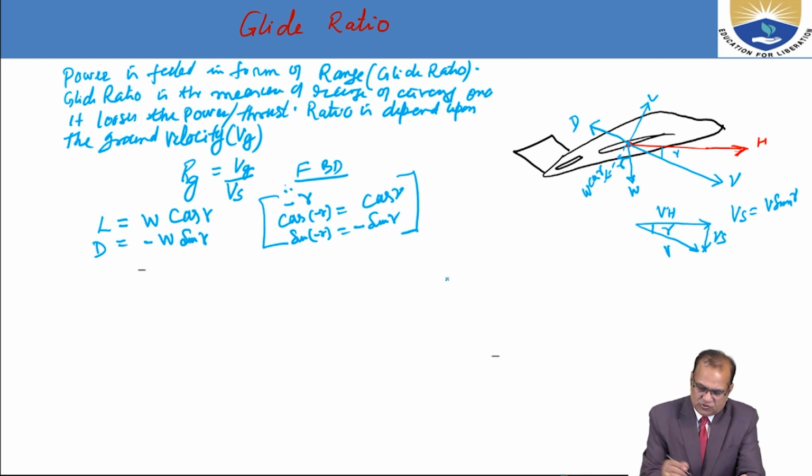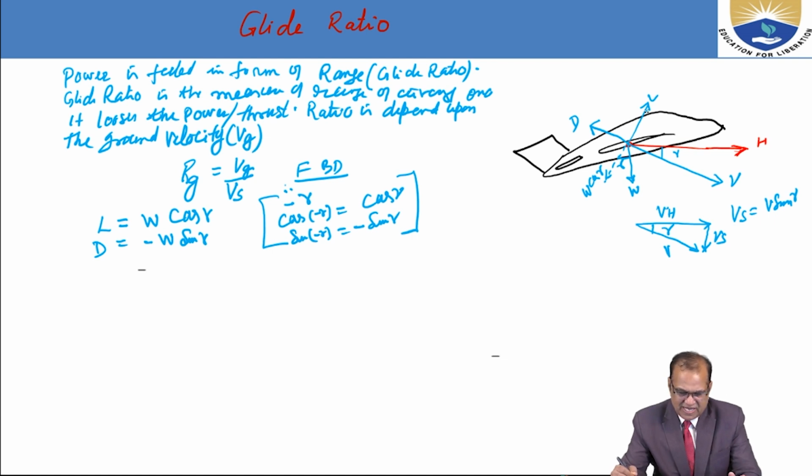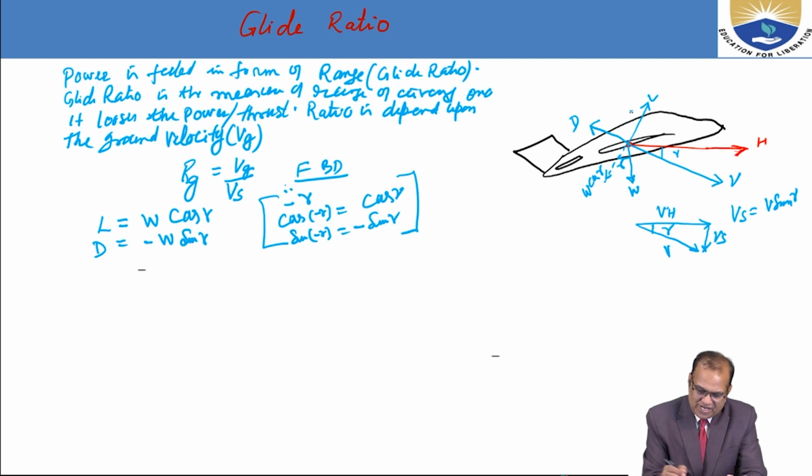So we got L is equal to W cos gamma and D is equal to minus W sine gamma. We got these two equations here.